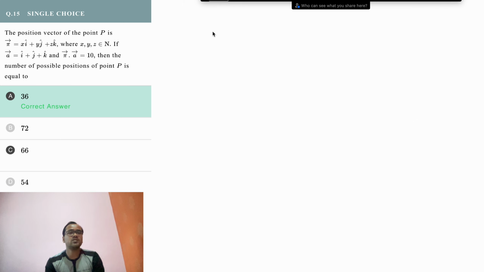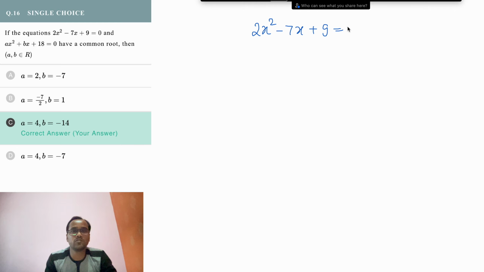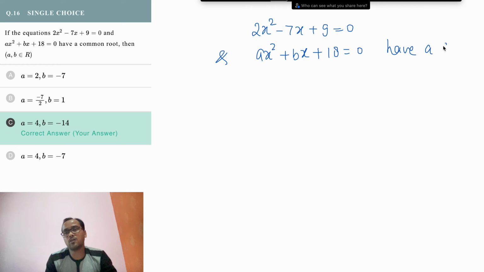Question number 16. This question says, if the equation 2x square minus 7x plus 9 is equal to 0, and ax square plus bx plus 18 is equal to 0 have a common root.